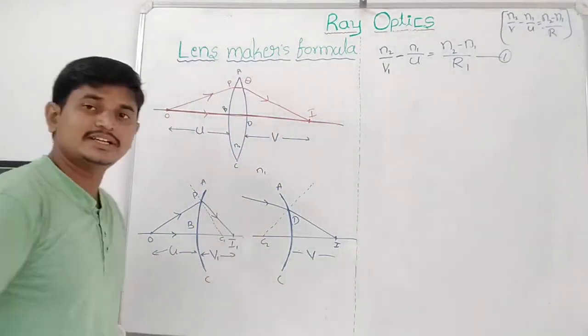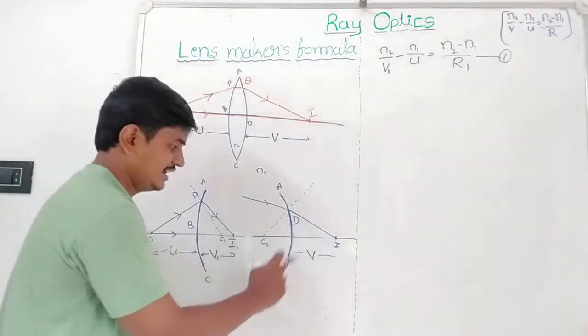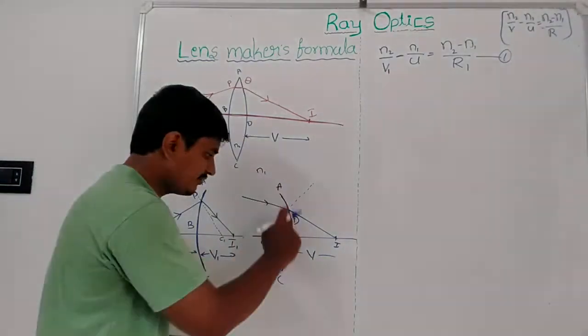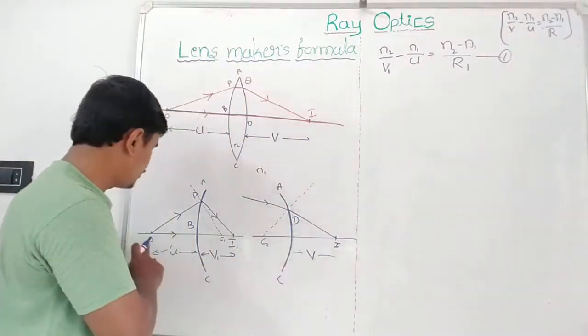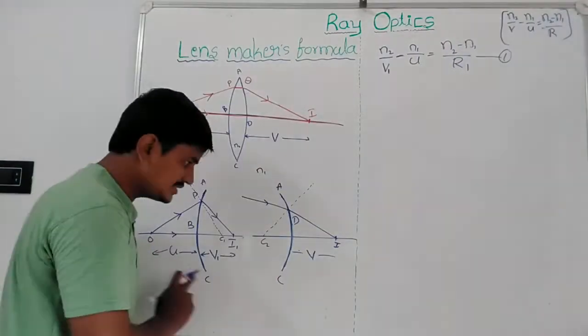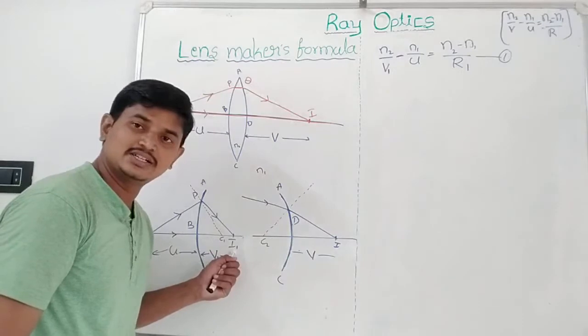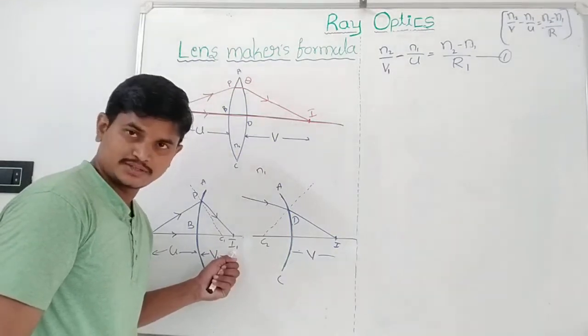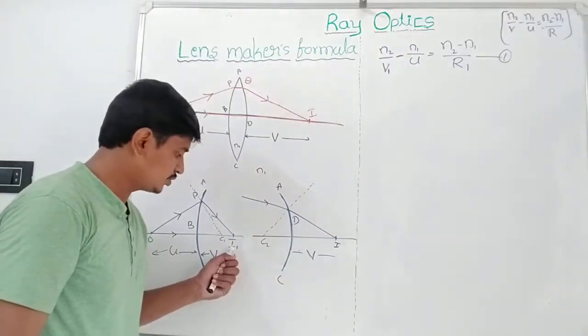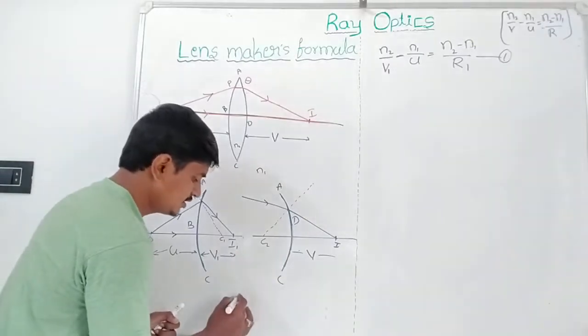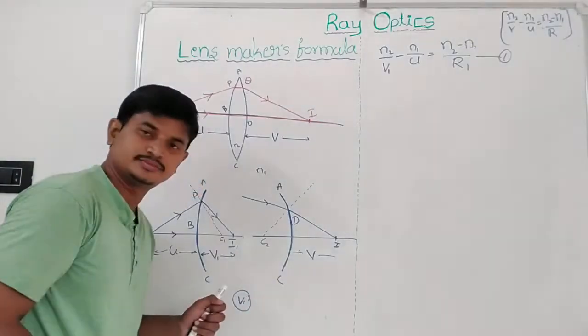Then come to the second surface, that is the second surface ADC. In the second surface ADC, here there is no object O. Hence this image I1 is considered to be a virtual object, so this object distance is V1 now.